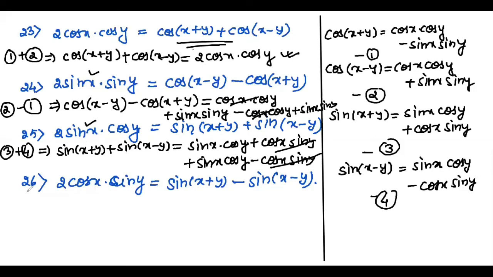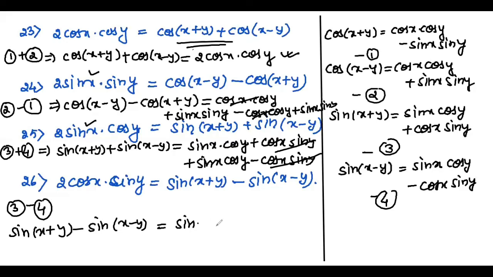Then for number 26, here equation 3 minus equation 4. So sin of x plus y minus sin of x minus y. We can write it as sin x cos y plus cos x sin y minus sin x cos y minus cos x sin y.